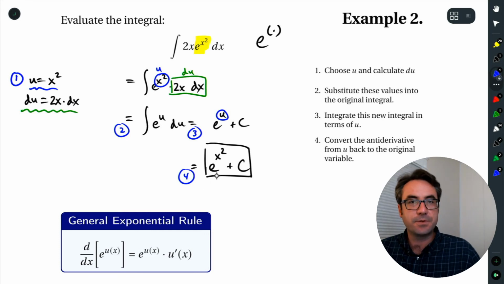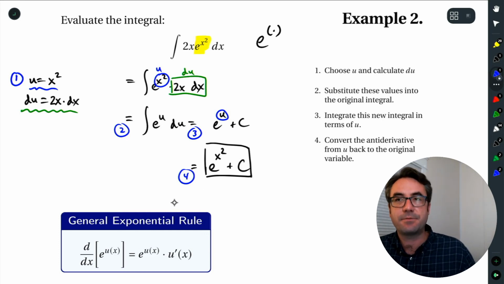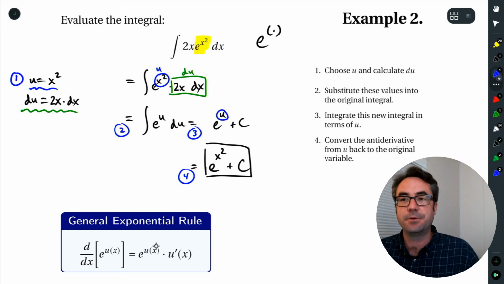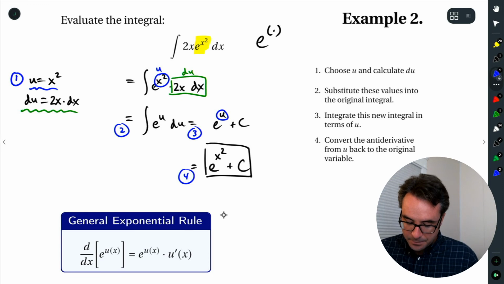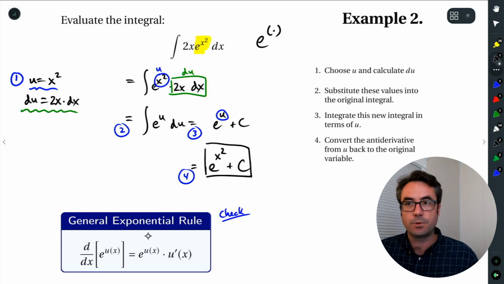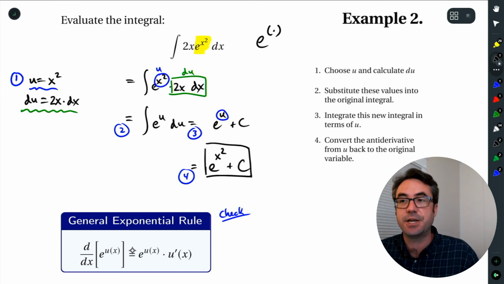So we'll do it for this one, but keep in mind that for some of the other examples, you can always use the chain rule to help you differentiate, to hopefully check your answer and get back where you started. So let's try it out for this one. We're going to check using this specific case of the chain rule.